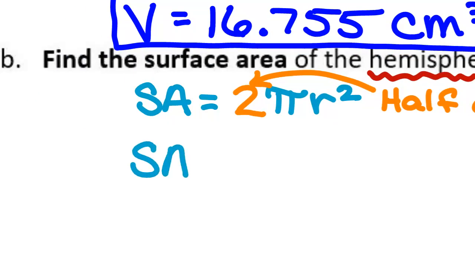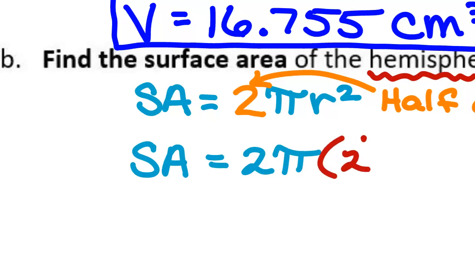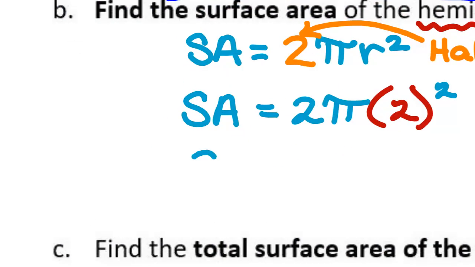So surface area equals 2 pi times 2 squared. We want the decimal form of the answer. Depending on the calculator you're using, when you put in 2 pi times 2 squared, it might give you back 8 pi.